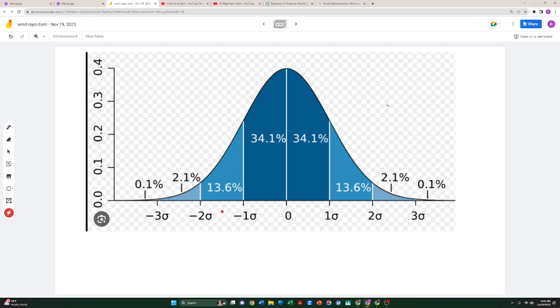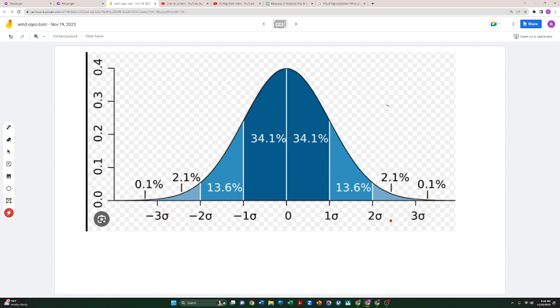And here, approximately 95%, including here until here, of the data falls within two standard deviations of the mean. And approximately here until here, 99.7% of the data falls within three standard deviations of the mean.